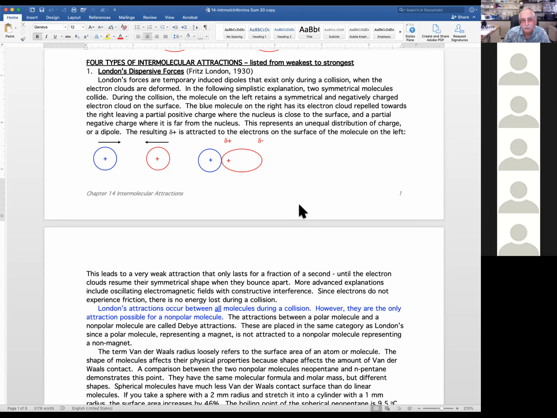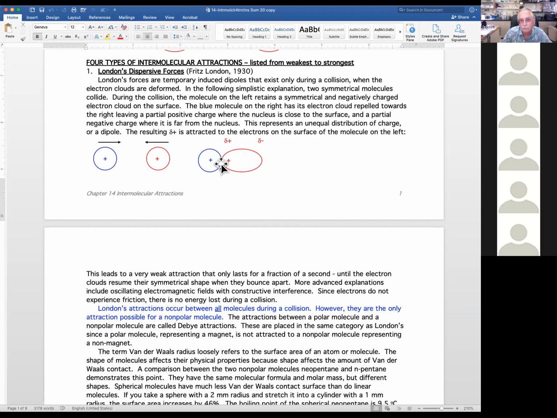But anyway, this happens when two molecules collide with one another, and they deform each other's electron clouds. So here I have two symmetrical, maybe even non-polar particles. They're going to smash into each other. I had one completely win. It didn't get deformed, and the other one has its electron cloud totally deformed.